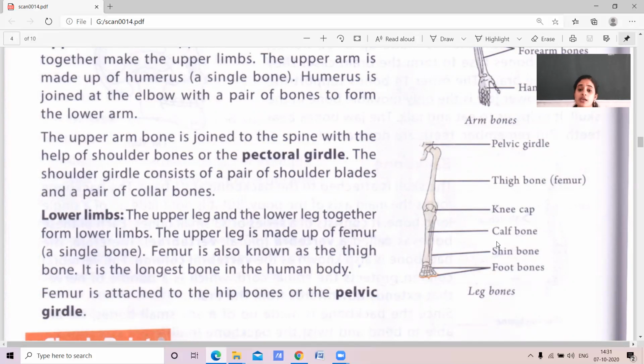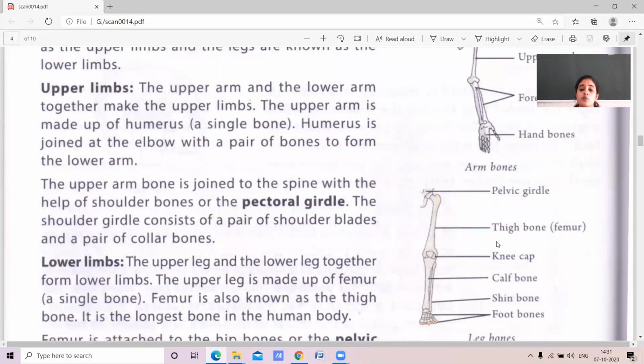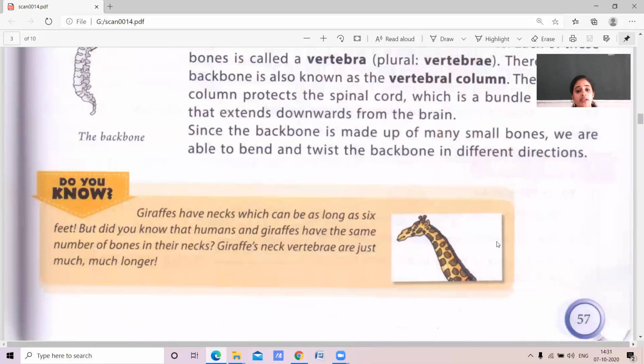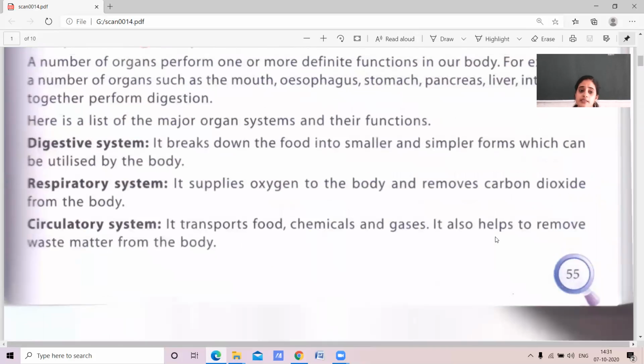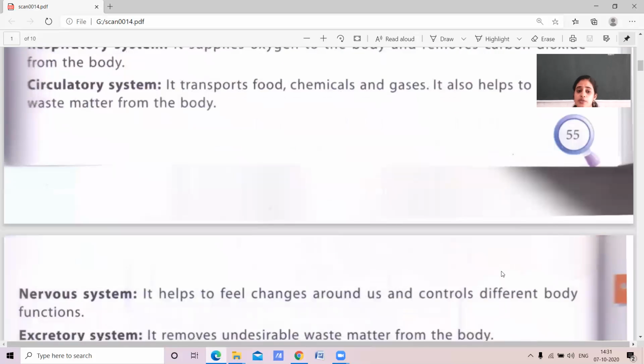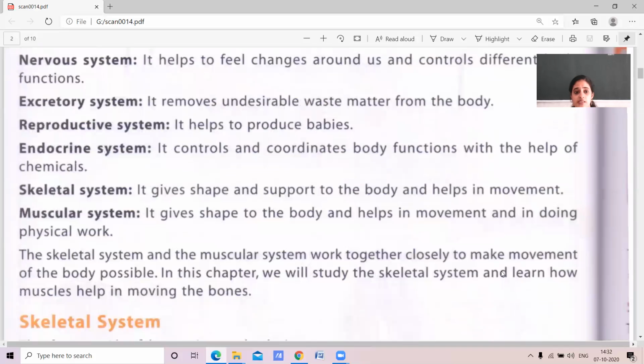In this class, children, we learnt about different systems: the digestive system, respiratory system, circulatory system, nervous system, excretory system, reproductive system, endocrine system, skeletal system, and muscular system.